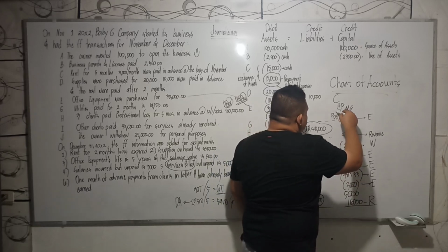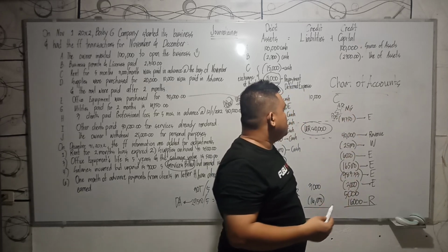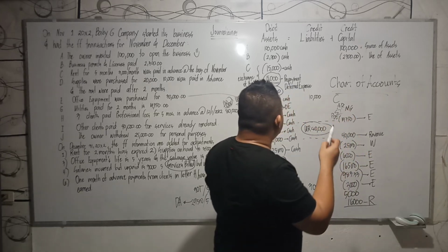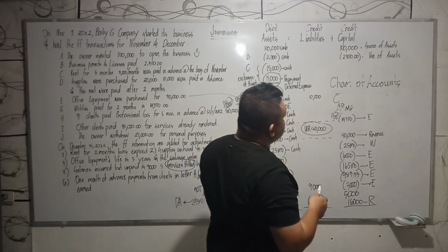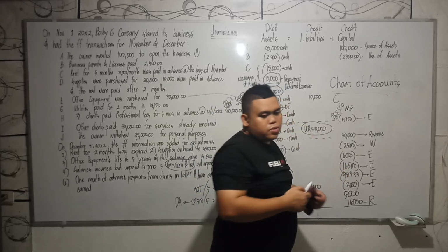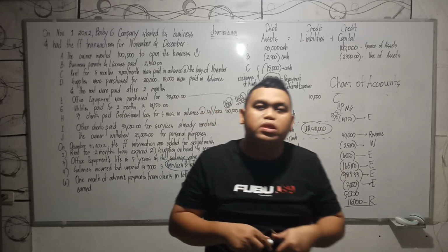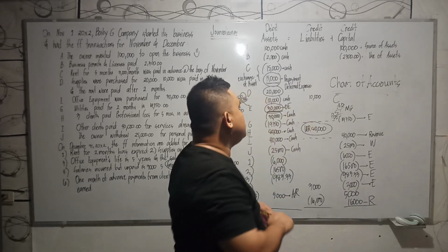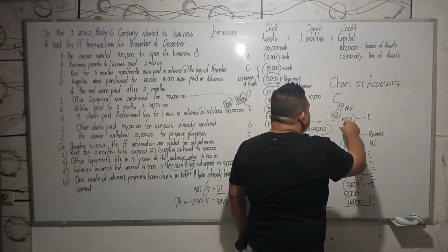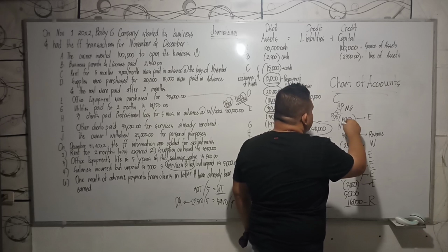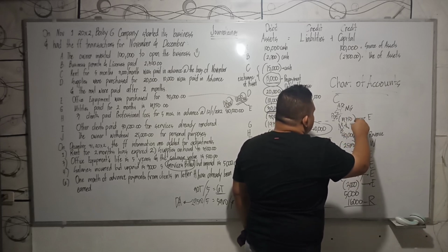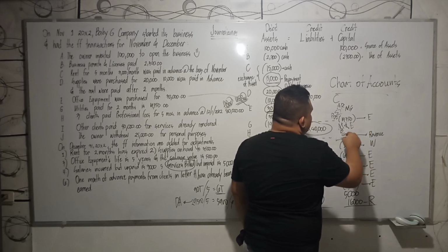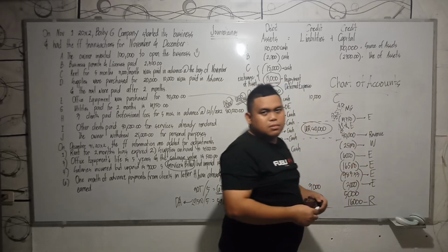There might be some supplies, and we will go to the non-current assets. The non-current assets are those assets that can be used for more than 1 year or for more than one period. Like for example, we have machinery, building, equipment, and land.